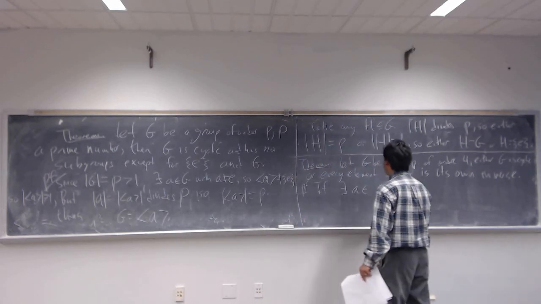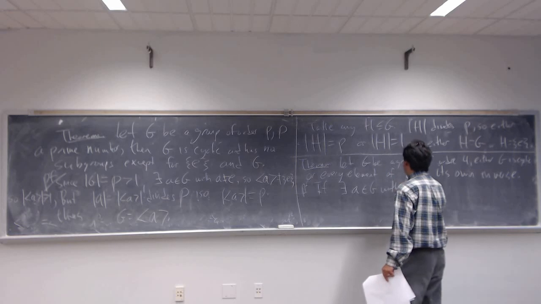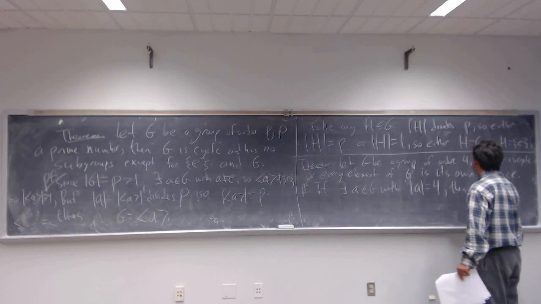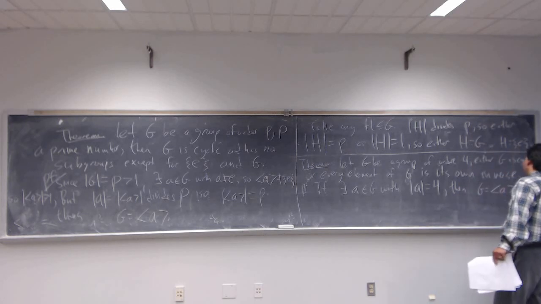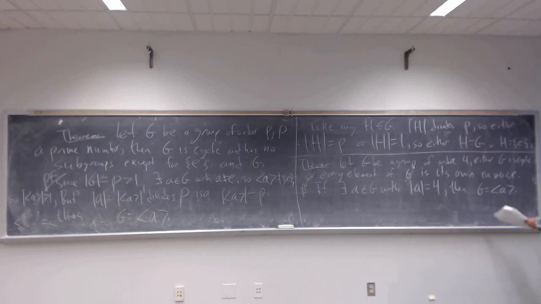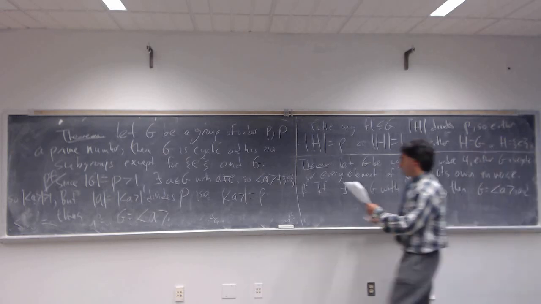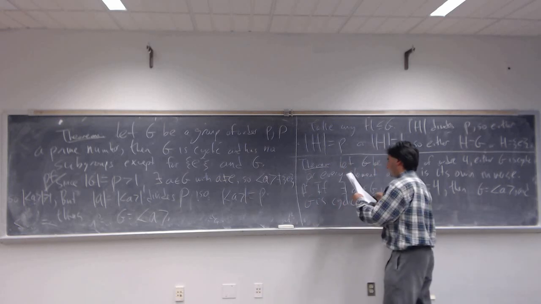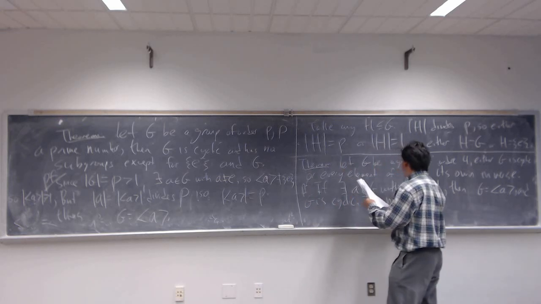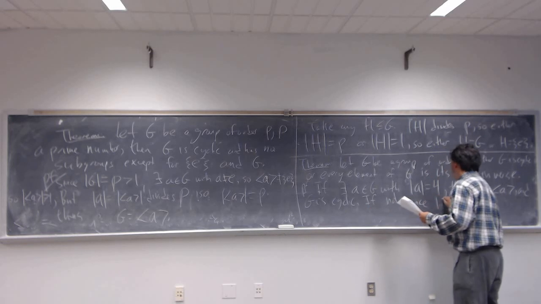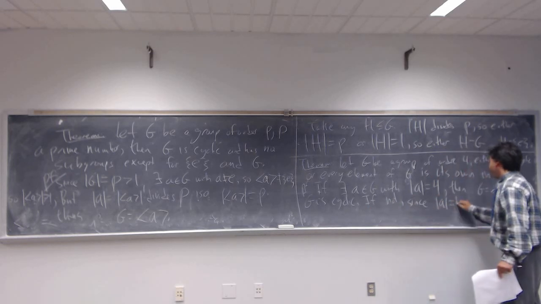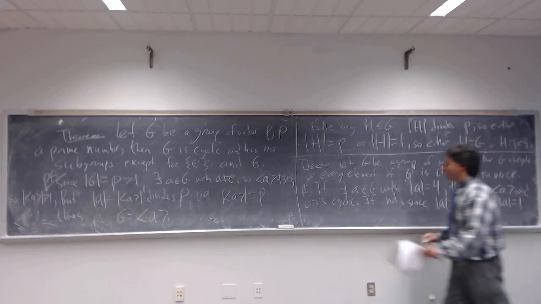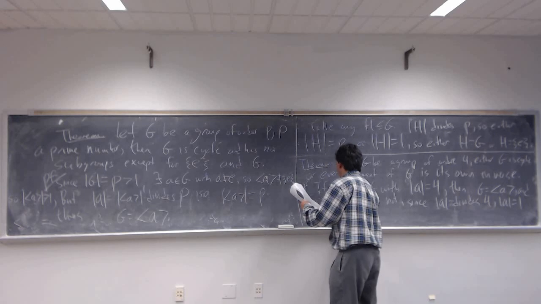If there exists an A in G that has order 4, then that cyclic subgroup generated by A has to be all of G, and G is cyclic. If not, since the order of A divides 4, the order of A equals 1 or the order of A equals 2.